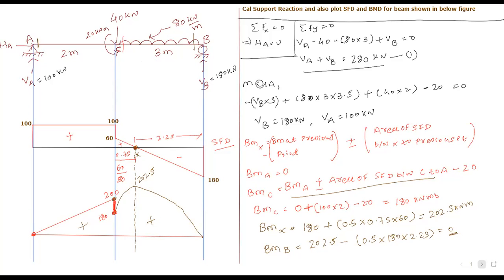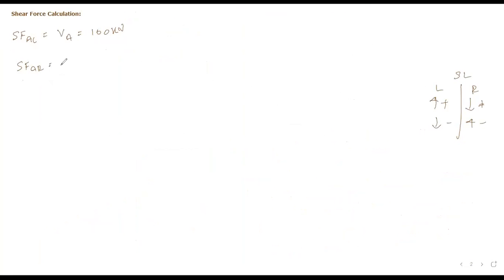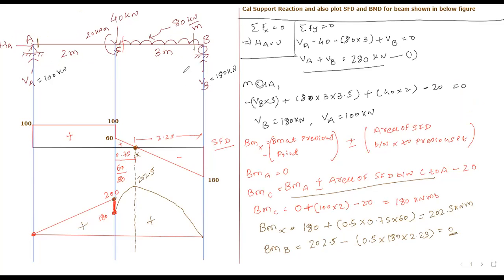So on the right we have minus VB plus 80 into 3 plus 40. Again you will get plus 100 kilonewton. Clear? Please confirm me. Minus VB plus 80 into 3 plus 40 for the right side.